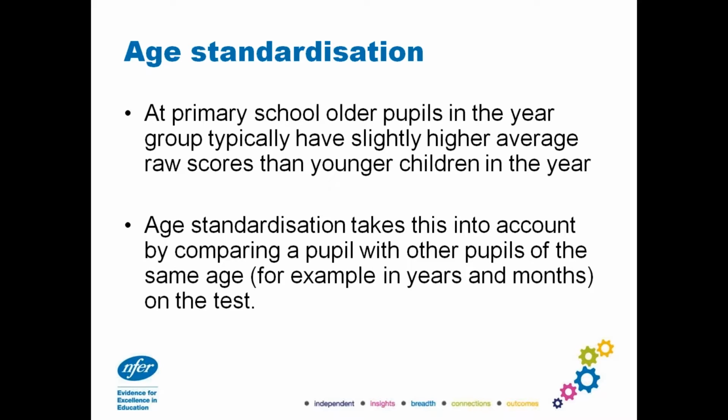And when we say same age, we usually mean in terms of years and months. So 8 years and 1 month old. If a child was 8 years and 1 month old, on an age standardised test, they would only be compared with other pupils of the same age. And it is useful to take this factor into account, because it can make a reasonable difference to performance at primary school.